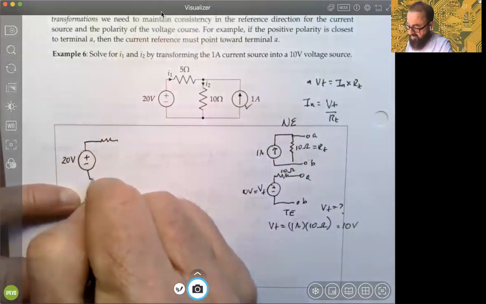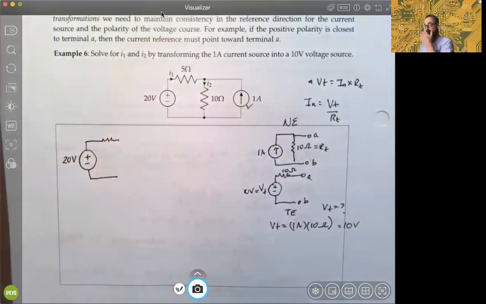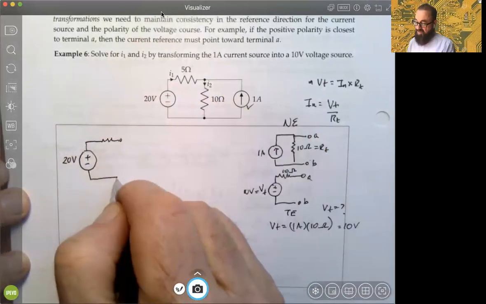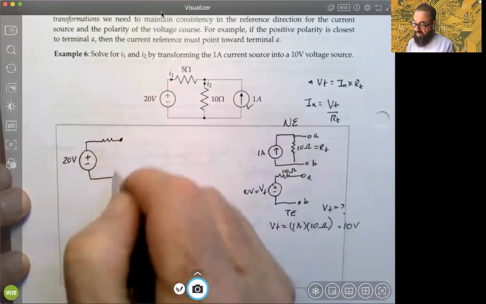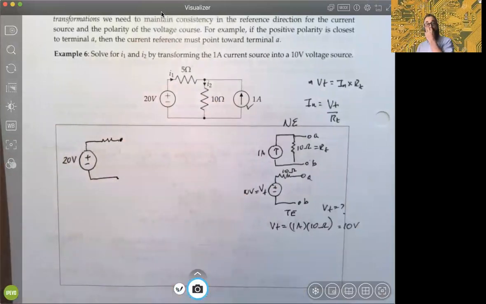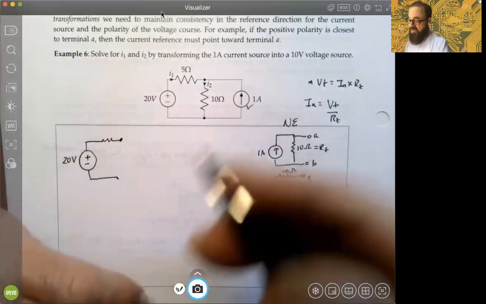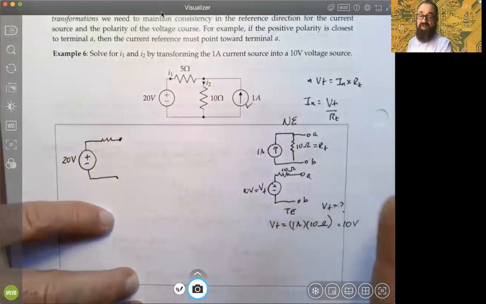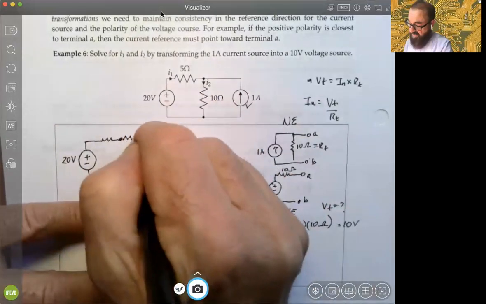Now you have to be a little careful here how you connect it up, all right? Because this 10 ohm resistance was in parallel, right, with the 1 amp source. Now that 10 ohm resistance has to be in series. So when we flip this diagram over, you should have the other resistance here.